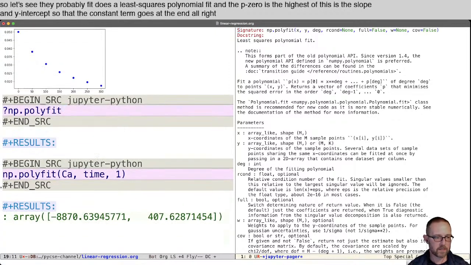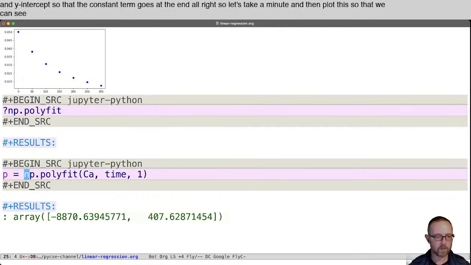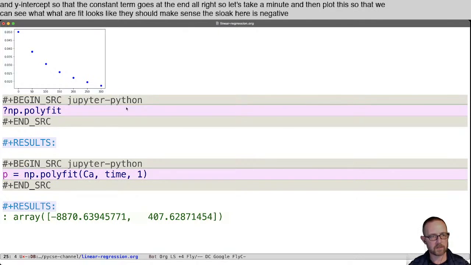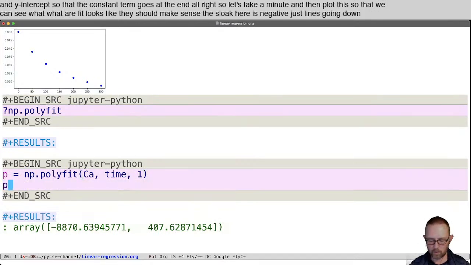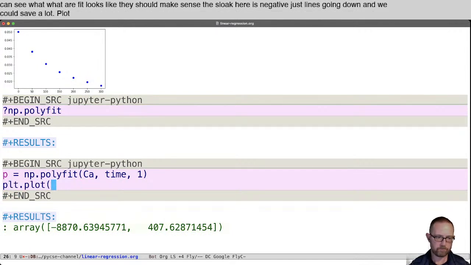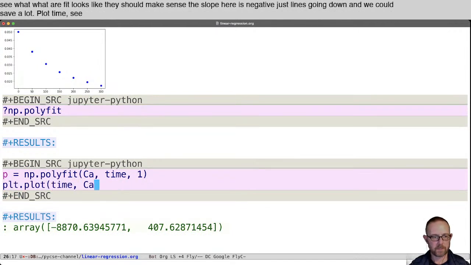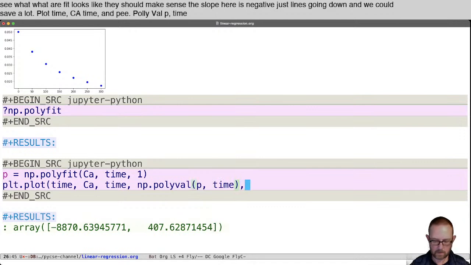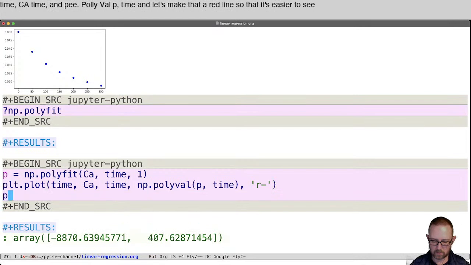All right, so let's take a minute and plot this so that we can see what our fit looks like. It should make sense. The slope here is negative. This line's going down, and we could say plot time comma ca, time comma np.polyval p comma time, and let's make that a red line so that it's easy to see, and I'll go ahead and put a legend.